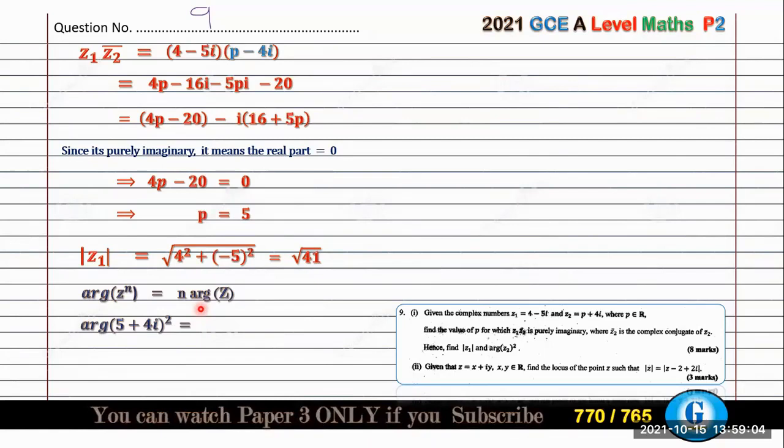So the argument will be equal to 2 times arctan of 4 on 5, y component over x component. That will give us 2 into 0.675 radians, which is 1.35 radians approximately. So that is the argument of this complex number.